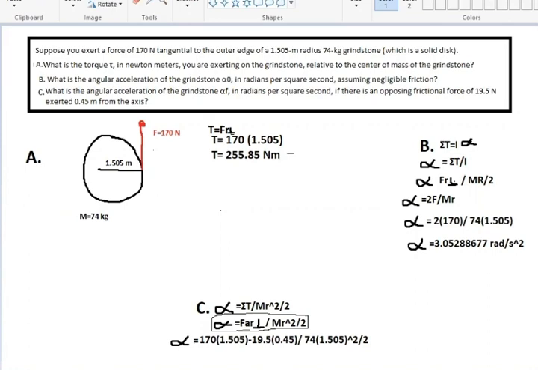So I will go ahead and try to draw it within the solid disk above. This would be right about here. This is the opposing force, and it would equal the 0.45 meters.